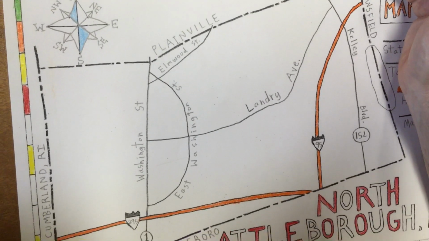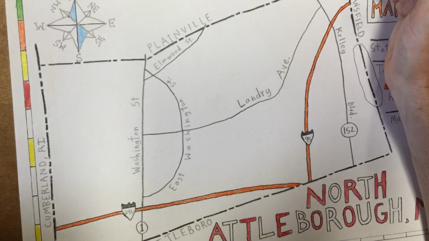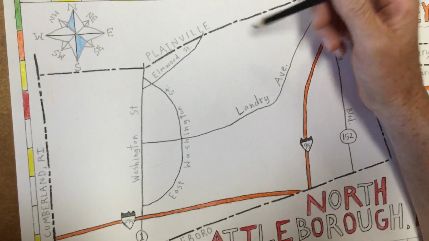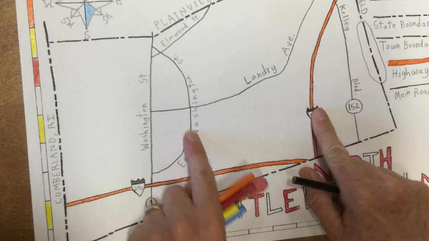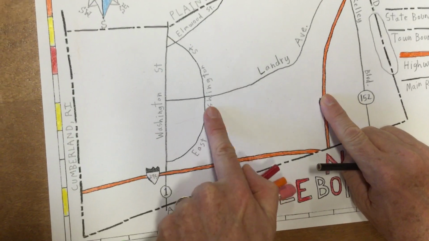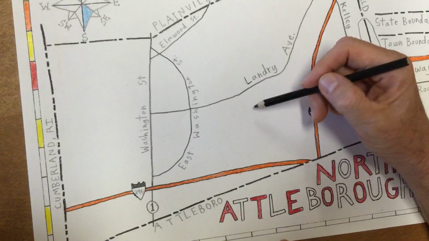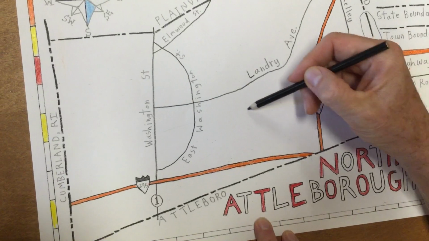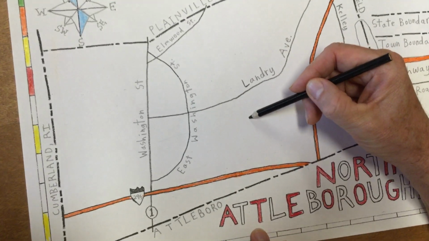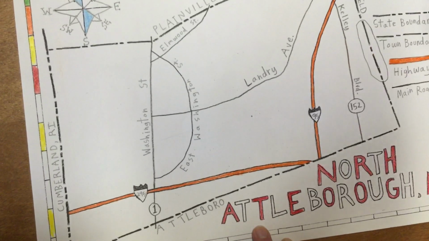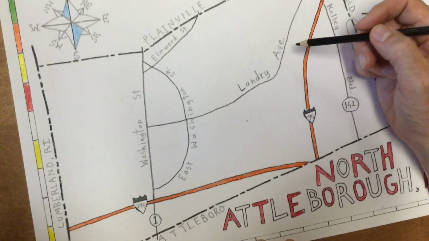I bet you've heard of that road before. The easiest way to draw this is to find the midway point between Highway 95 and East Washington Street. I like to estimate the middle. I'd say right about here. So I'll put a little dot right there.